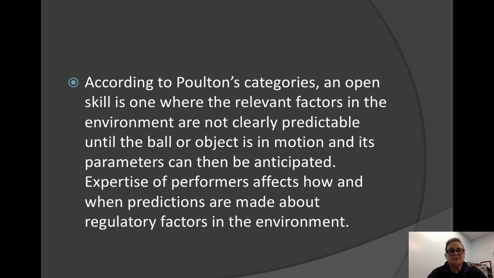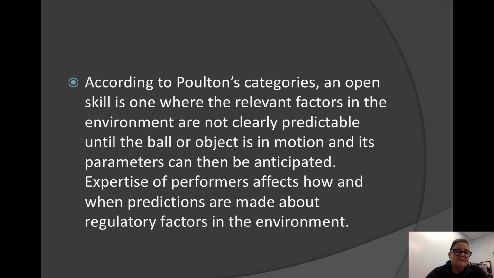According to Poulton, an open skill is one where the relevant factors in the environment are moving. In other words, in an open skill, the ball or object cannot be predicted until it is in motion, and then its parameters, the speed, the spin, the direction, can be anticipated.